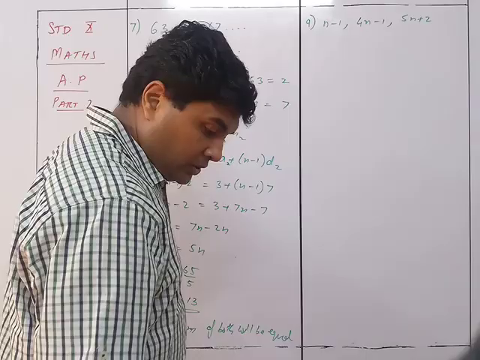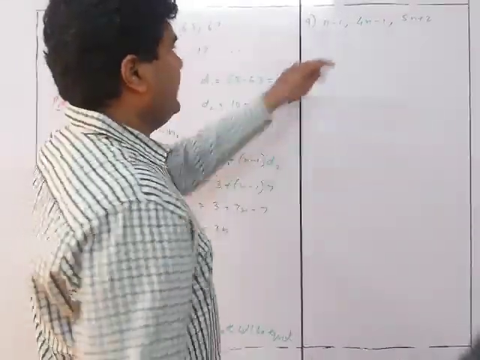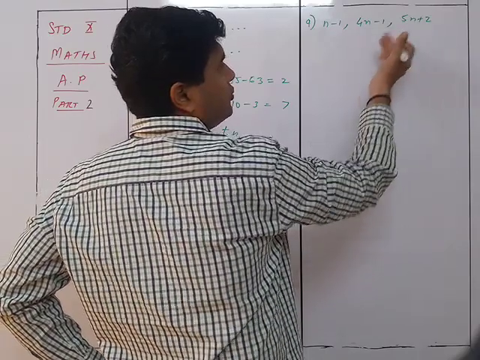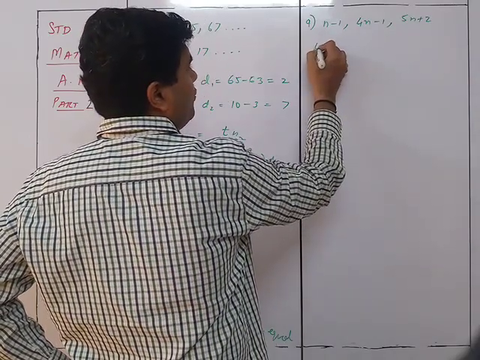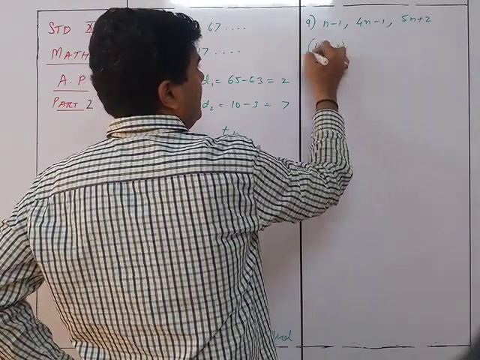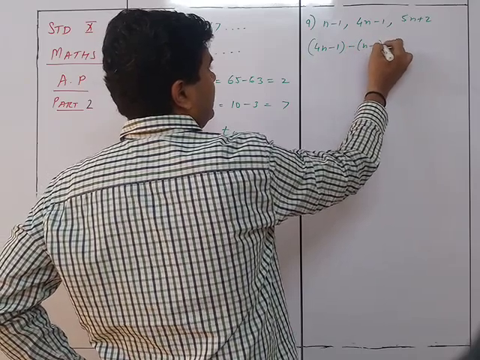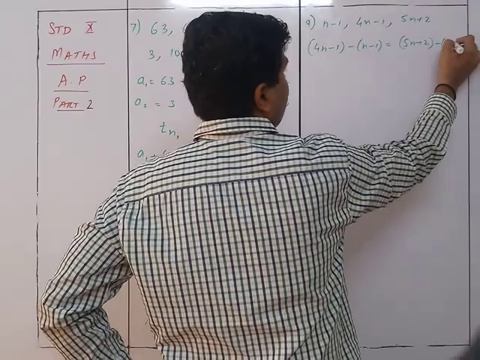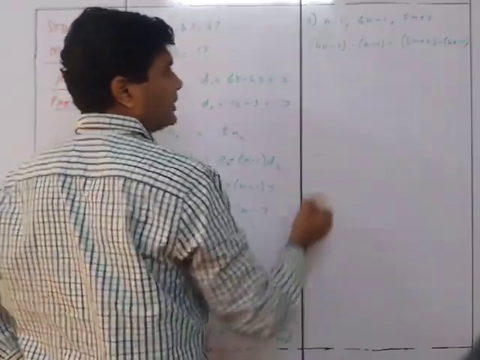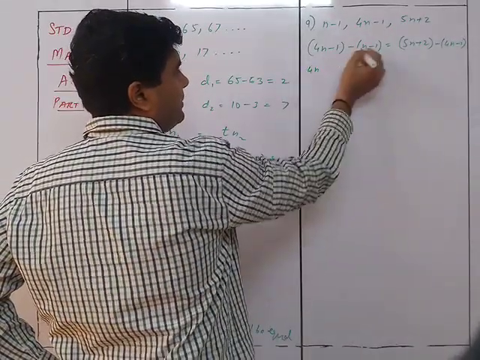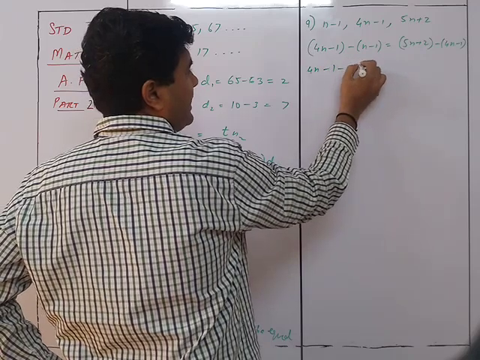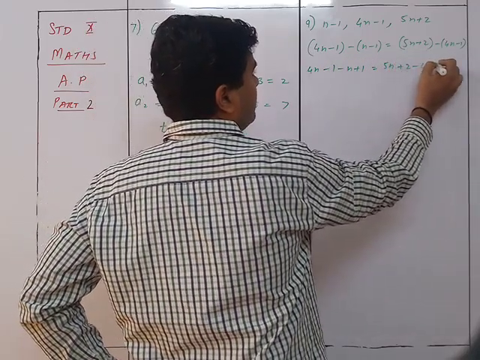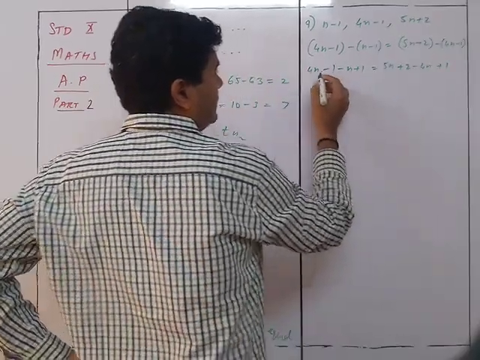Okay. So first of all, what we see is that the d over here and the d over here are going to be the same. So I know that 4n minus 1 minus n minus 1 equals 5n plus 2 minus 4n minus 1. So this will give me 4n minus 1 minus n plus 1 equals 5n plus 2 minus 4n plus 1.